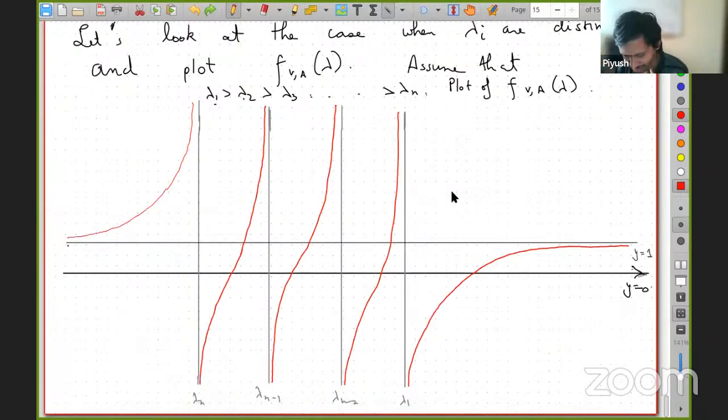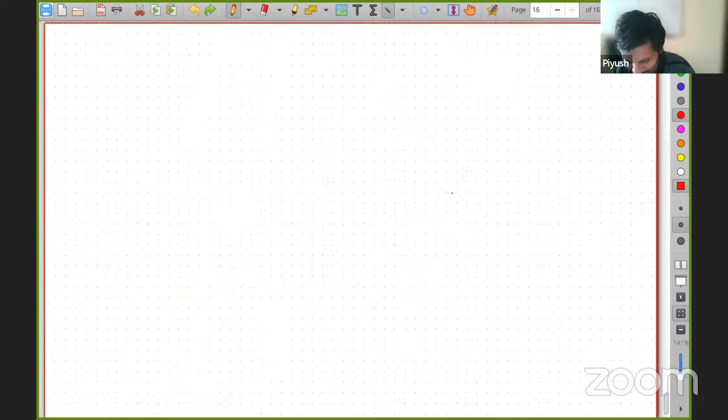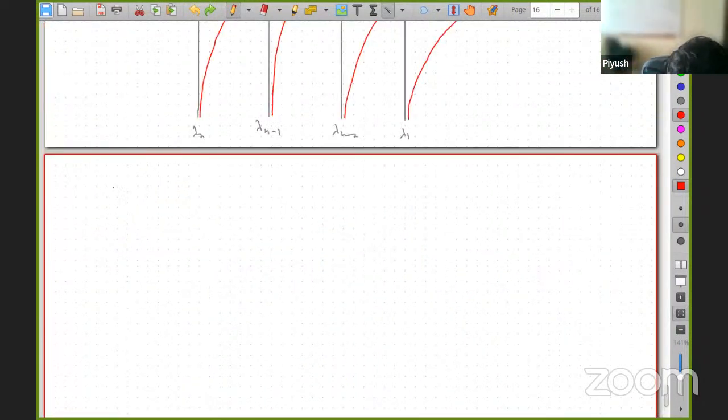So we get a different proof of the interlacing.